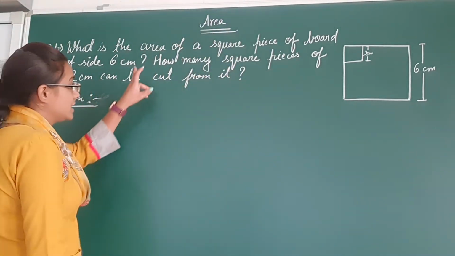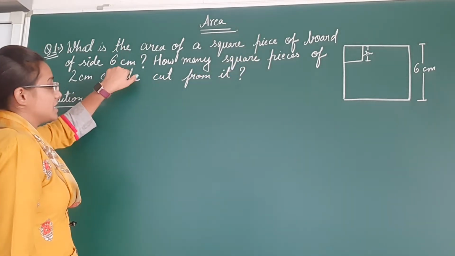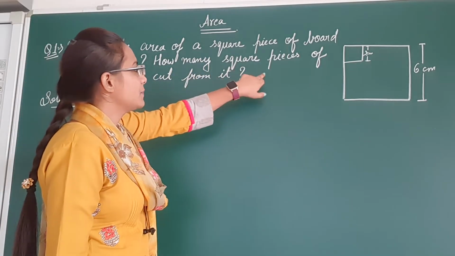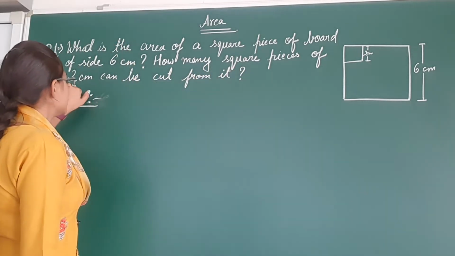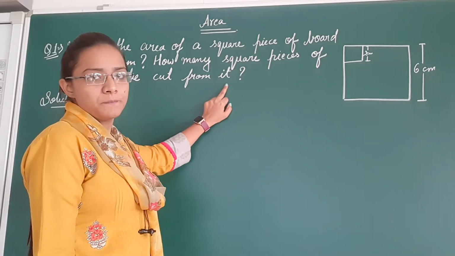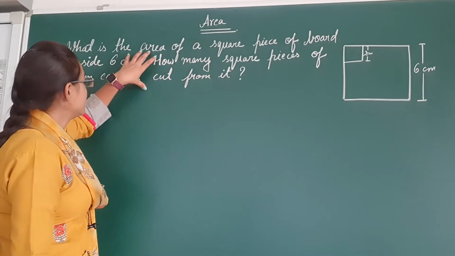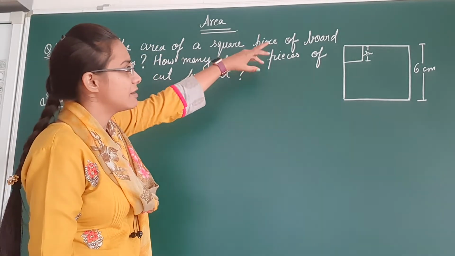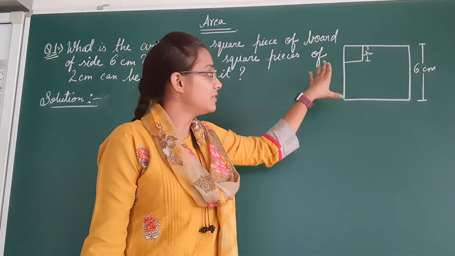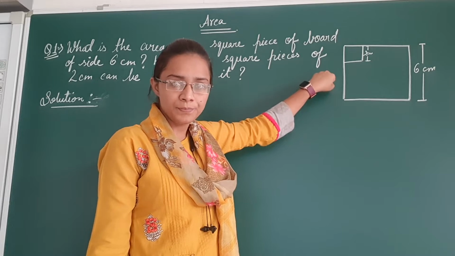What is the area of a square piece of board of side 6 centimeter? How many square pieces of 2 centimeter can be cut from it? First of all, understand the question. First, we have to take out the area of the square board.